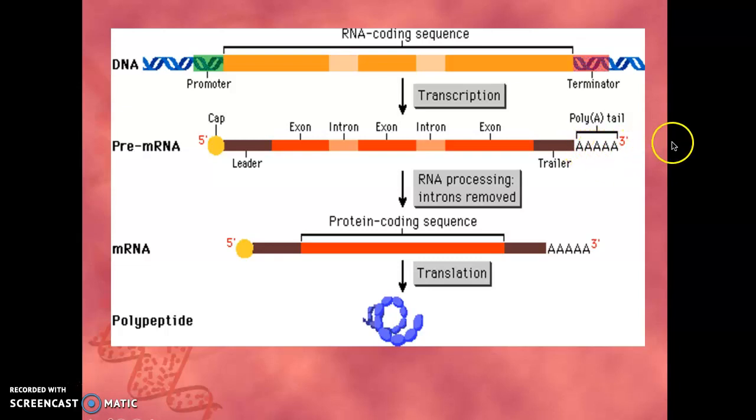The longer this tail is, the more protected this mRNA is. Then you can see your exons and your introns here. We want to get these introns out so that we're left with a mature mRNA that can then go into the cytoplasm and be translated into a protein.